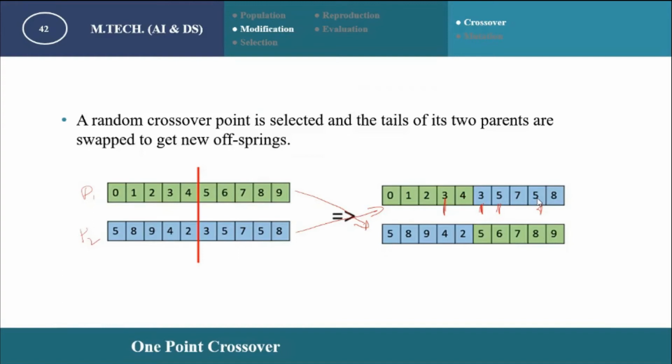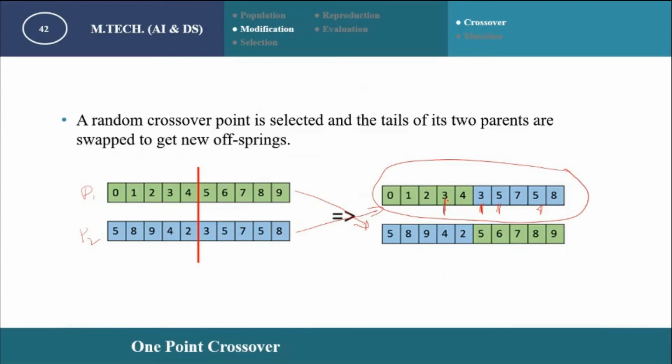In the case of the traveling salesman problem, as we have discussed, the same city cannot be repeated again. So if it is a permutation type representation problem, then the same value cannot repeat again. In that case, if it is being repeated, one of those elements is to be replaced with another element which is not present here.